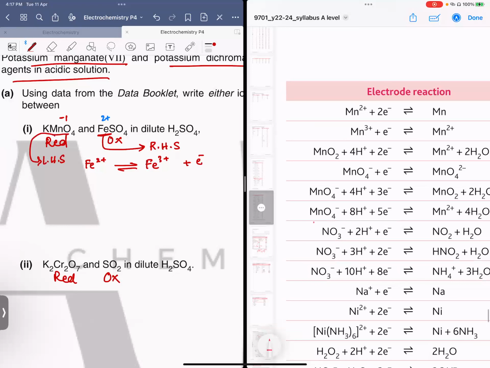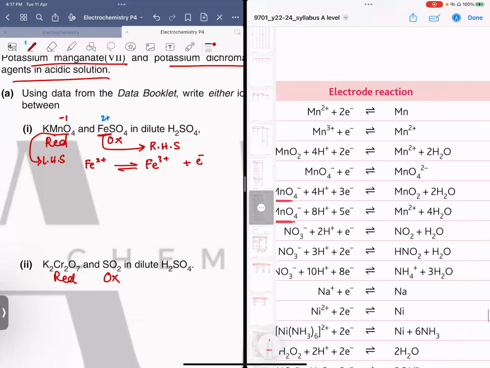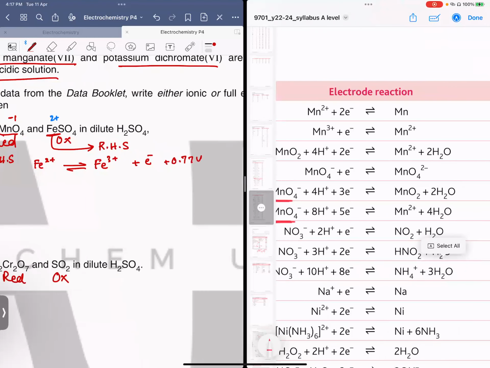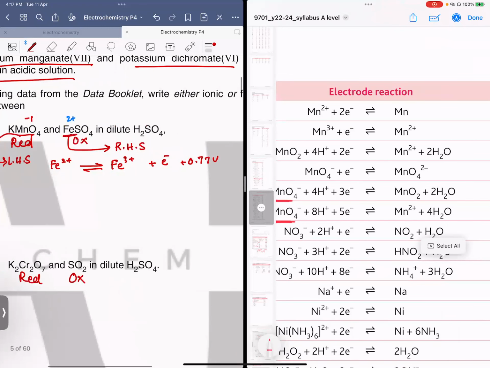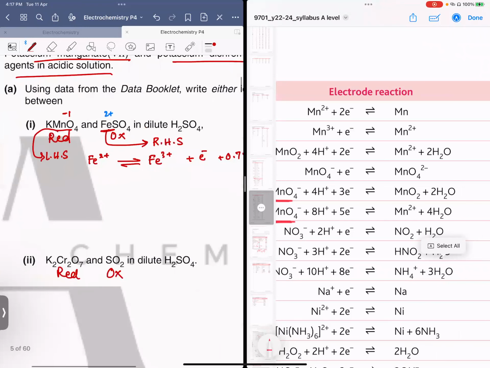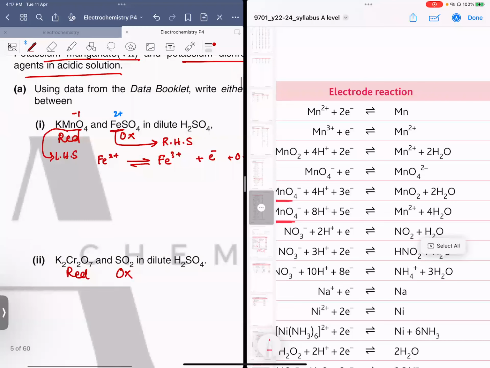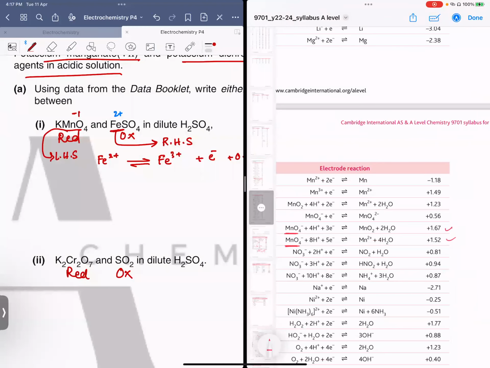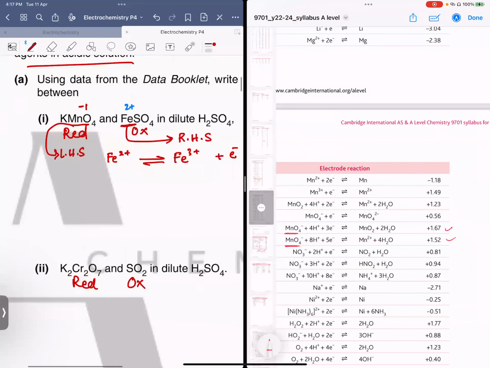So here you go, these two. The other important thing is that its value is positive 0.77 volt. If it is on the left hand side and undergoing reduction, its value must be greater than 0.77. If you look at these two equations, in both the values are greater, right? So we can use any one of these two equations. So let me use the first one.